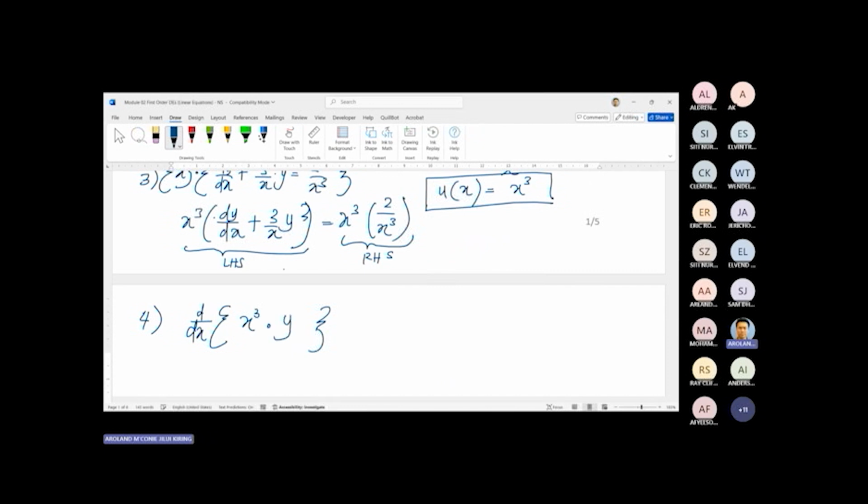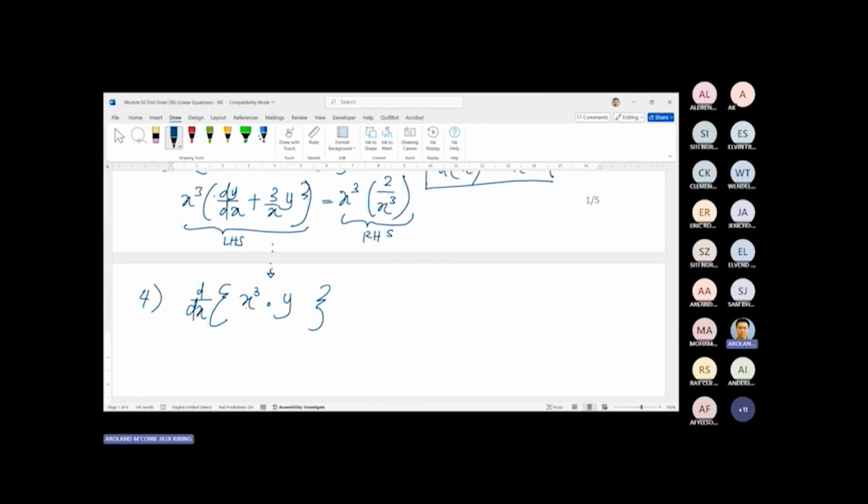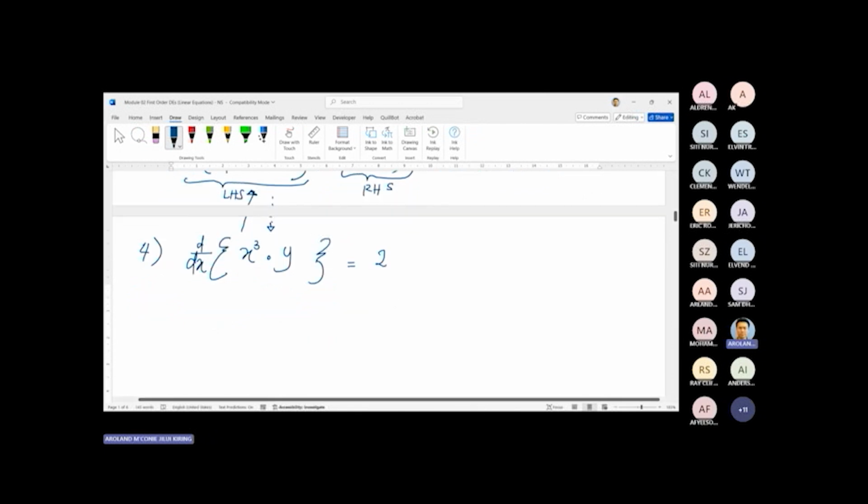If you expand this form, it becomes the same as up here. It just changes the way you represent the equation. It refers to the same equation, but in a simpler form. For the right hand side, you just simplify as usual. So x to the power of 3 with x to the power of 3 cancel each other, and you have 2. We're done with step 4.